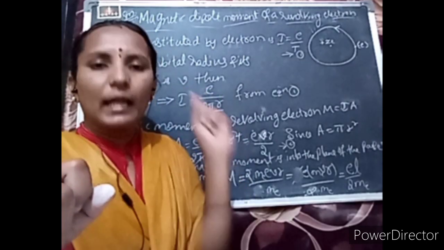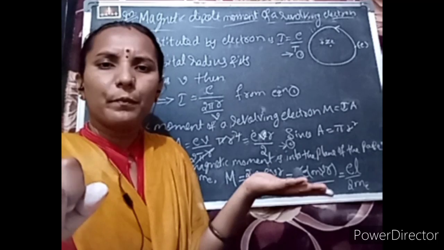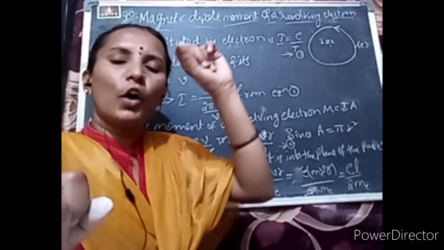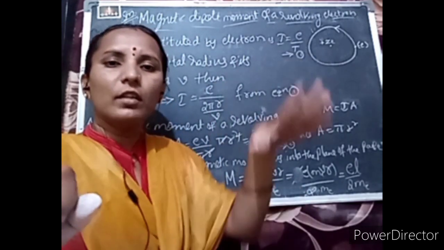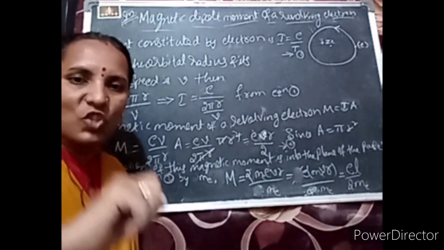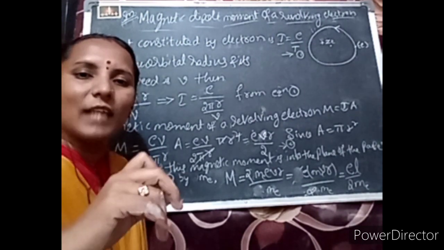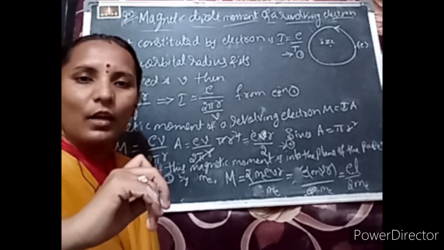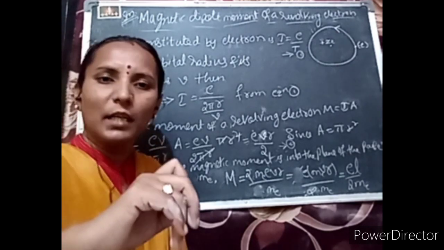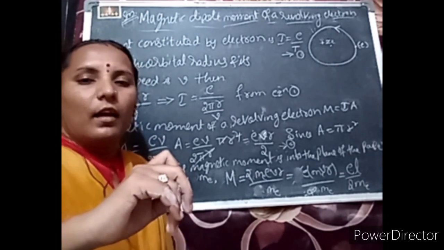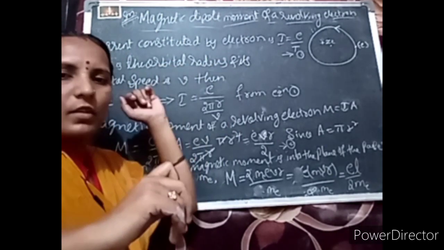Consider an electron of mass m moving in an orbit of radius r with a velocity v, having Ze as its nucleus charge, and it is revolving in a time period T. It constitutes a current I, that is written as I is equal to e by T. This description I have given already, it's not required to write it here.